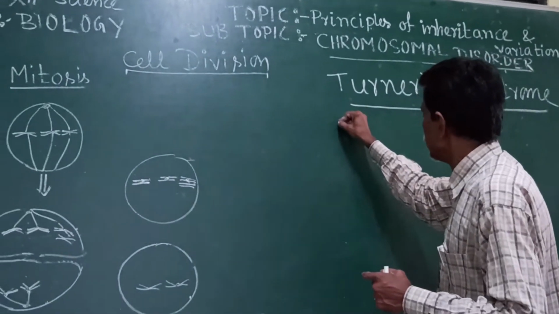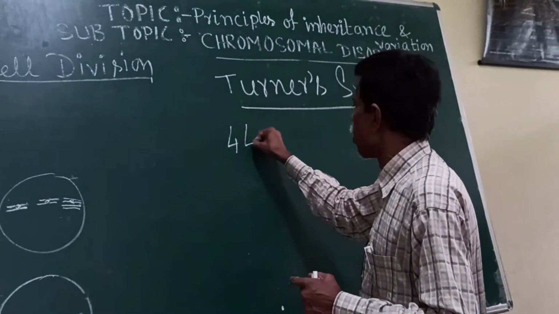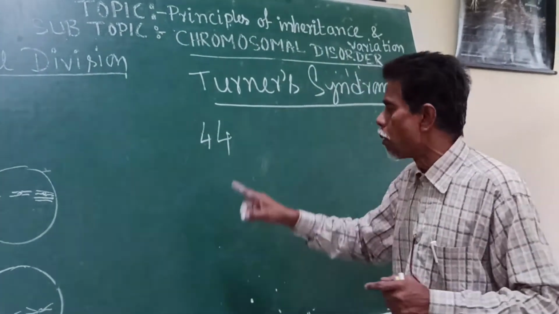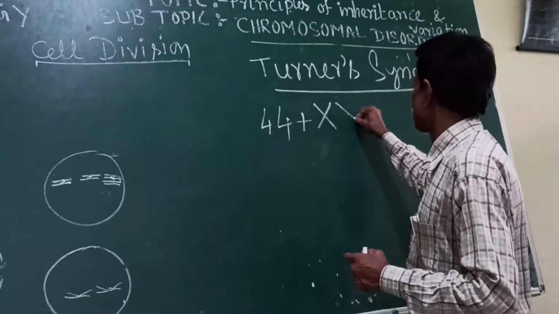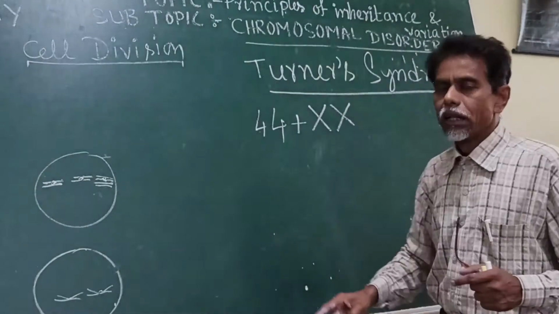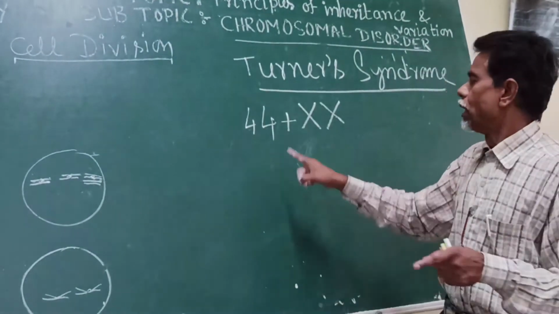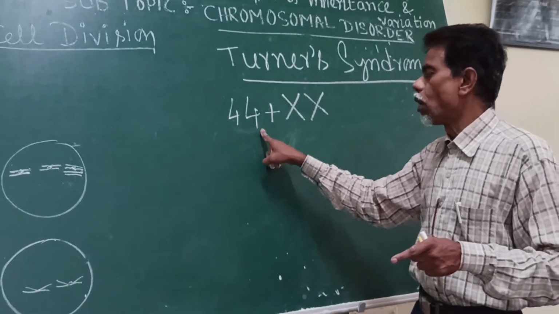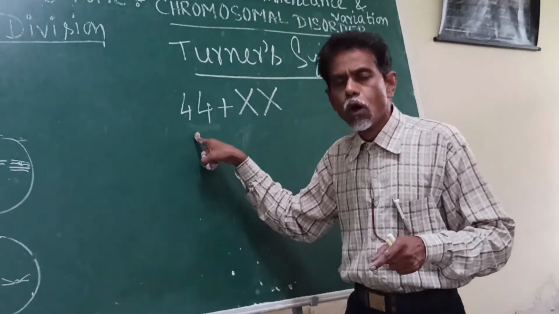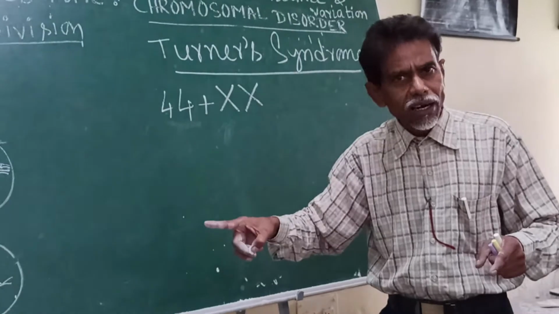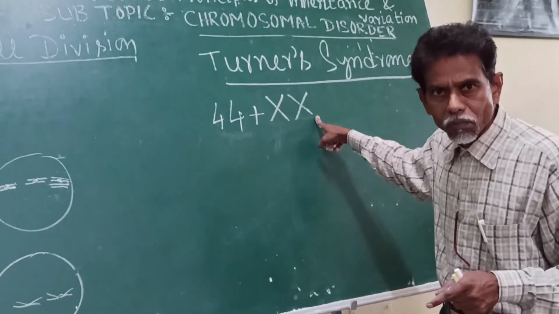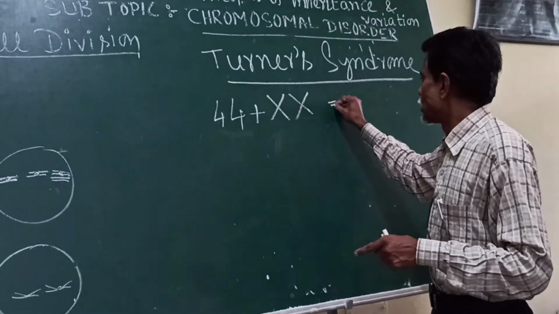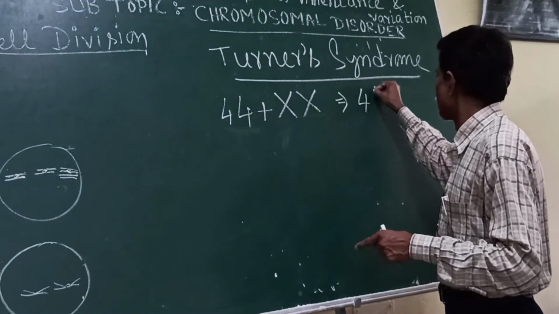As we know, there are 44 autosomes, or 22 pairs, plus XX sex chromosomes. In the case of a female, there are 44 autosomes, or 22 pairs, and a pair of X chromosomes. So the total is 46.